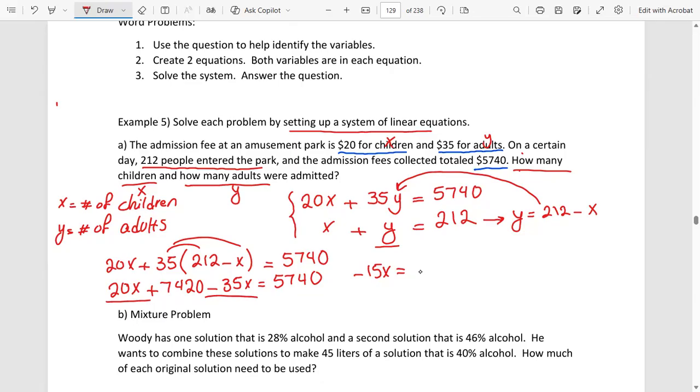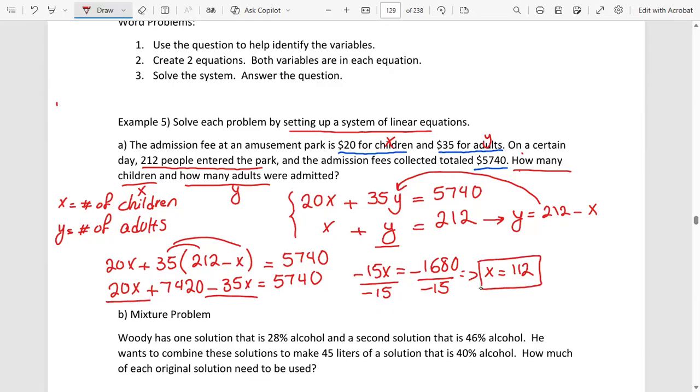And the answer is negative 1,680. Divide both sides by negative 15. So x must be equal to 112. X is the number of children.